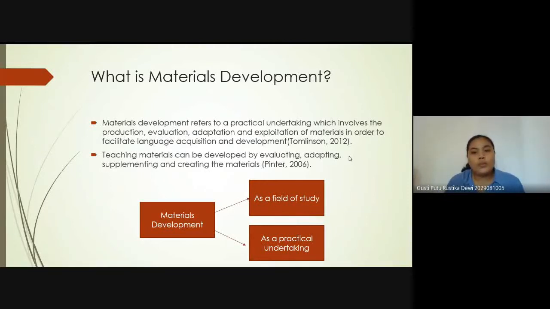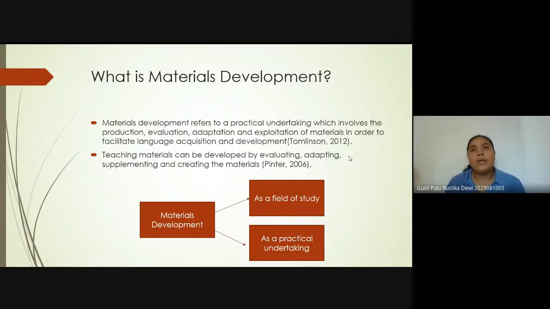So according to Pinter 2006, teaching materials can be developed by evaluating, adapting, supplementing, and creating. So evaluating means that the existing textbooks are evaluated whether they are effective or not toward the target learners. Adapting means the authentic text can be adapted as the teaching material.